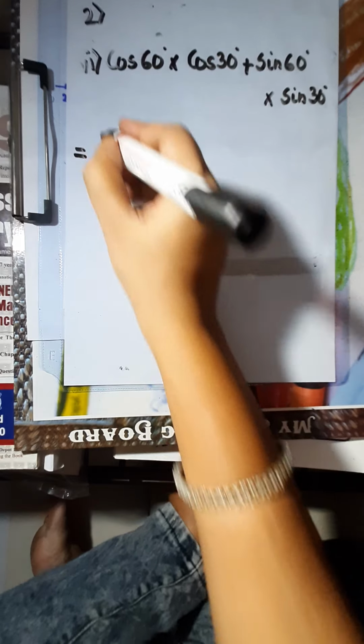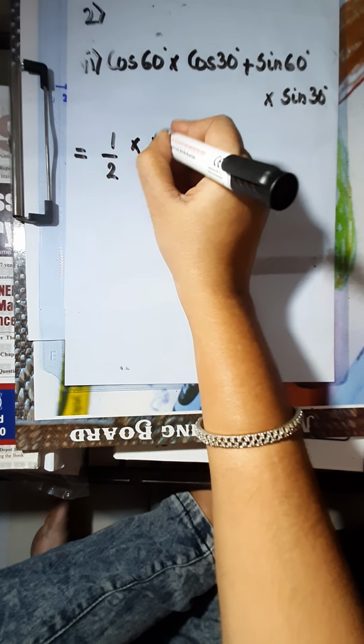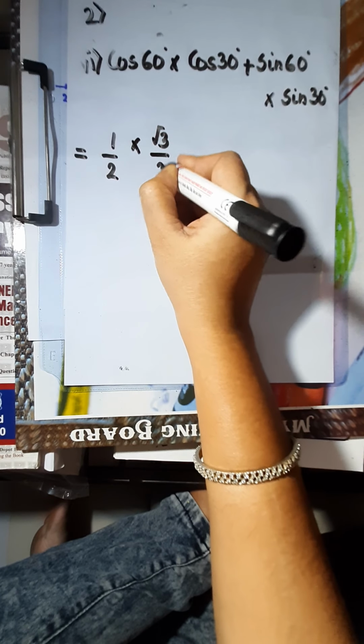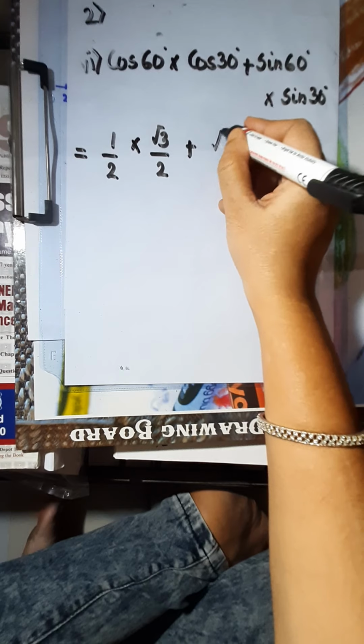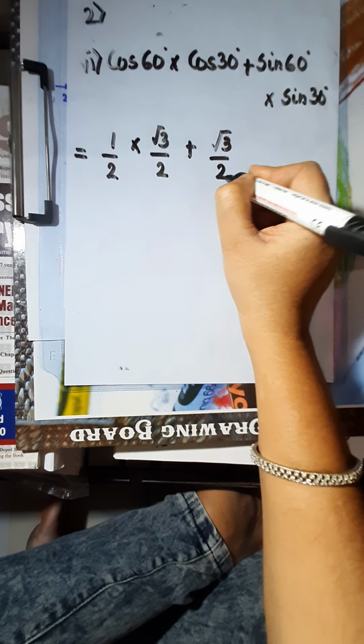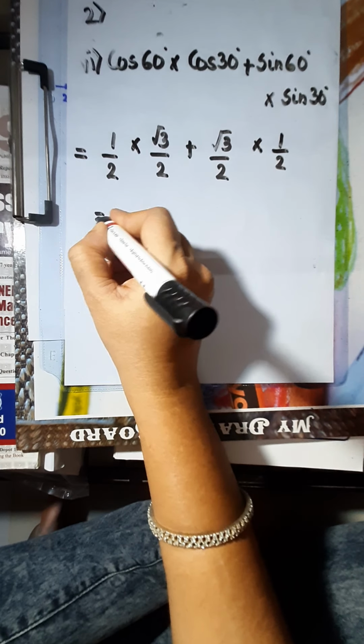Now, cos of 60 is half and cos of 30 is root 3 upon 2, plus sin of 60 is root 3 upon 2, sin of 30 is half.